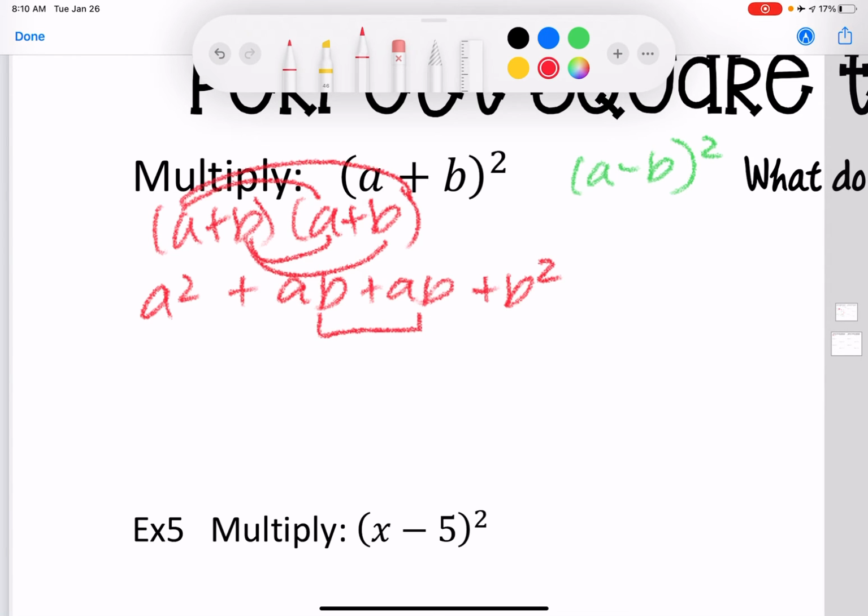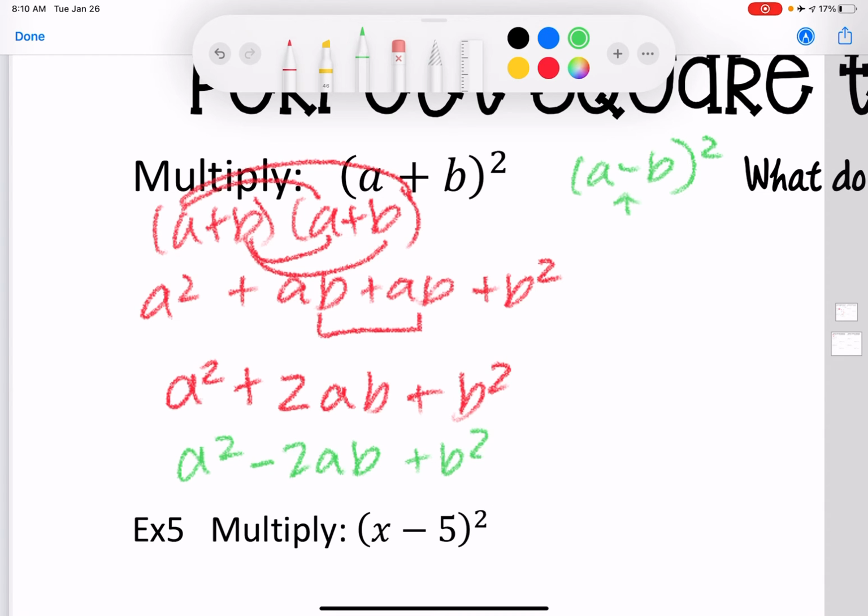These two are common terms, so I can add them up. And I get 2ab. The rest did not simplify. My O and I terms did combine like it normally does. So that's good. And guess what? That's it. Now, the only thing that would change if this sign had been a negative would be a squared minus 2ab plus b squared.